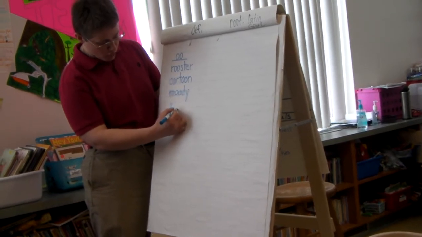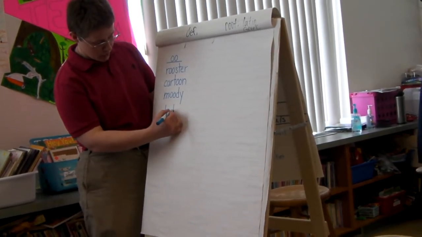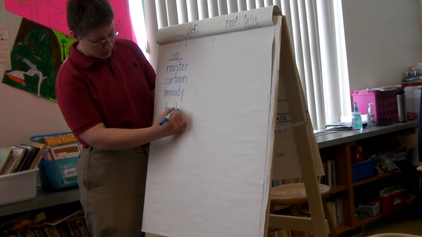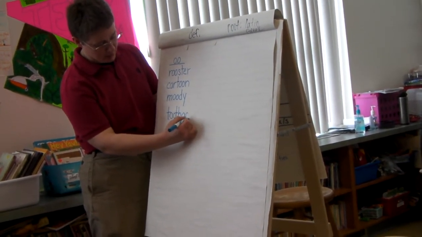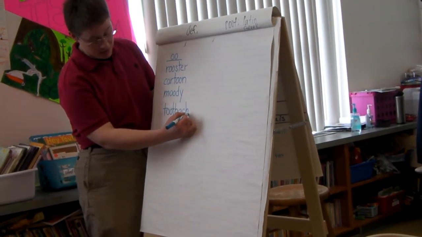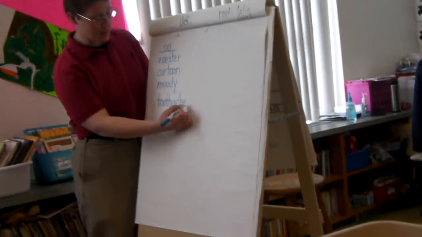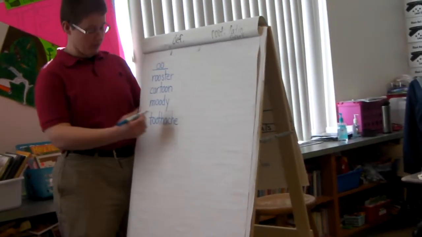Tooth could also just go in here by itself, but this also has ache. You be careful with ache, because it's a CH that makes it k. Ache. Alright, we've got cocoon.